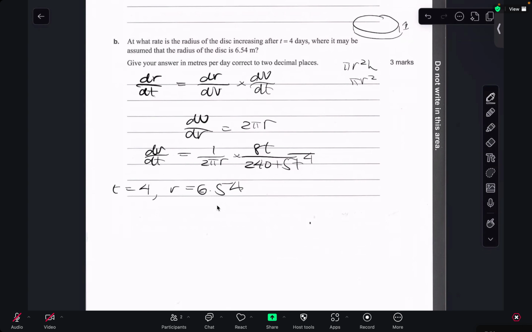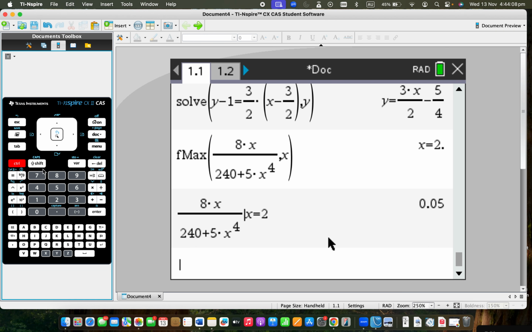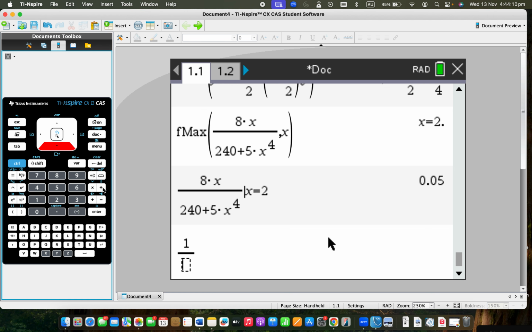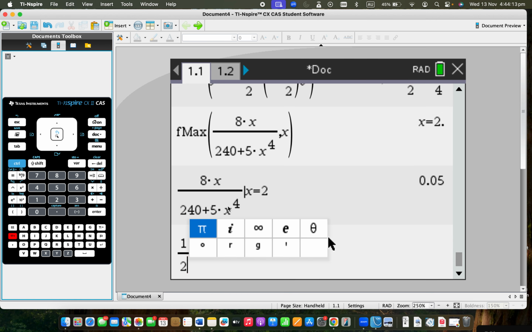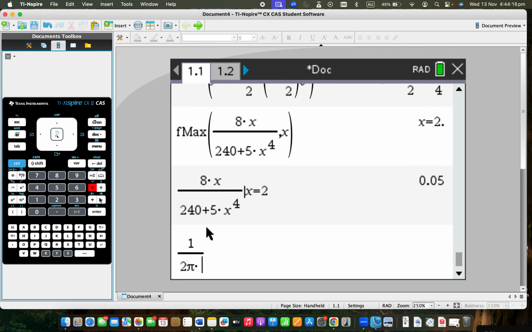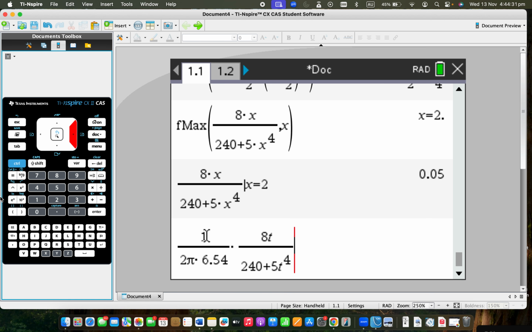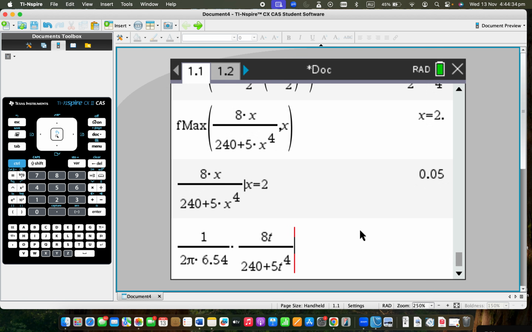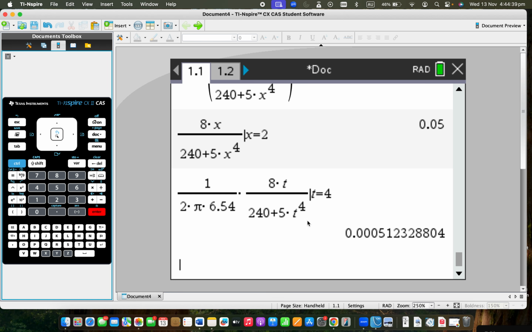So what's dr dt? 1 over 2 pi times r, which is 6.54, times 8t over 240 plus 5t to the power of 4, but t is equal to 4. So the answer corrected to 2 decimal places. I must have made a mistake.